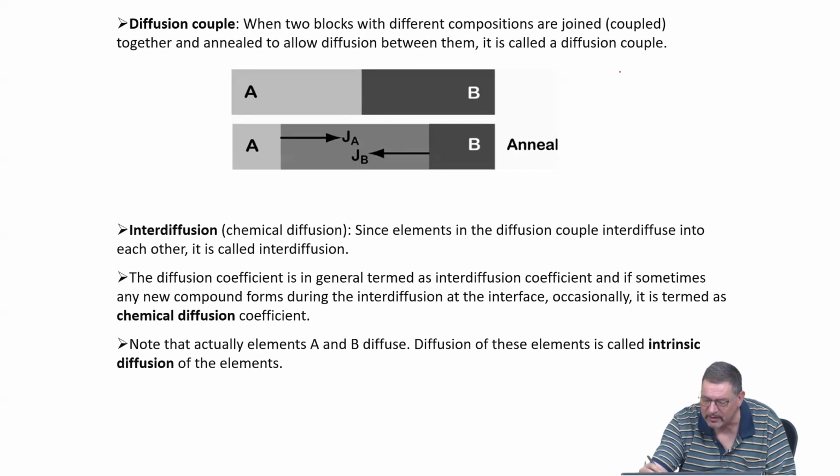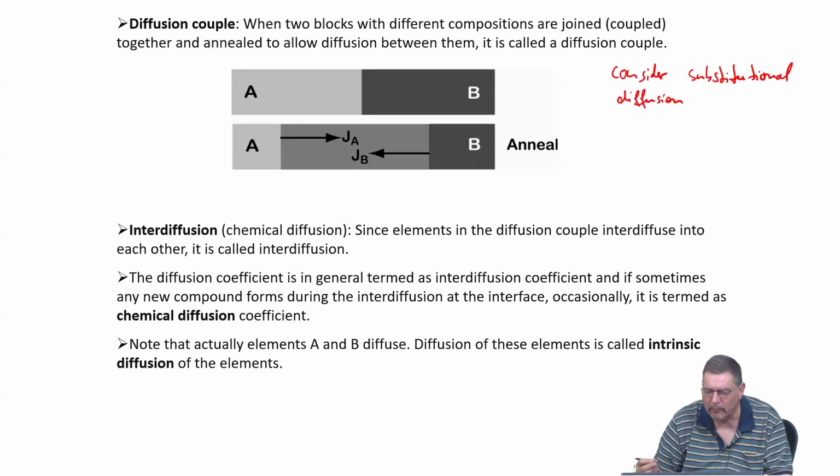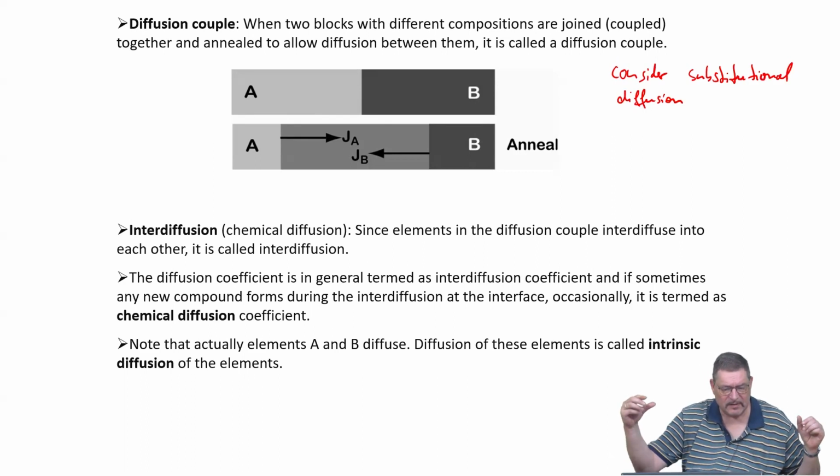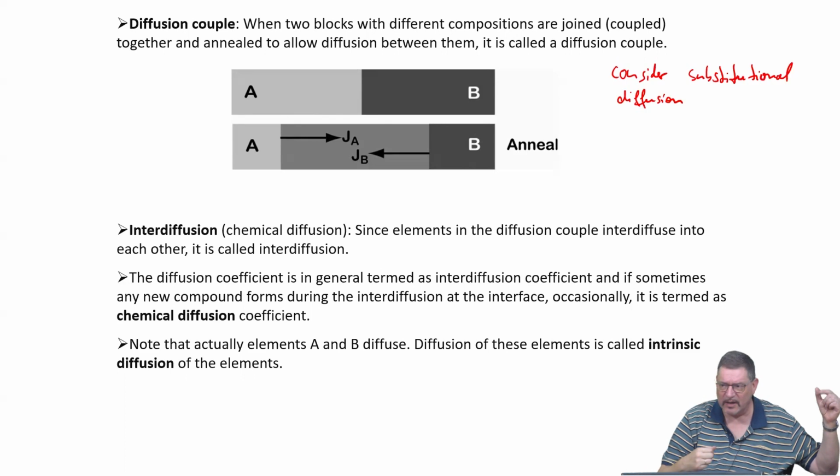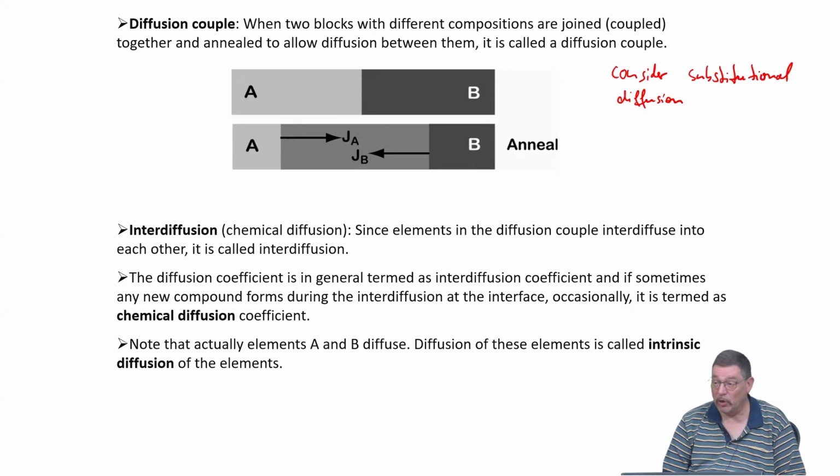But if we consider now substitutional diffusion, would you expect that the fluxes of A into B and B into A are always equal? No, definitely not. Very good.